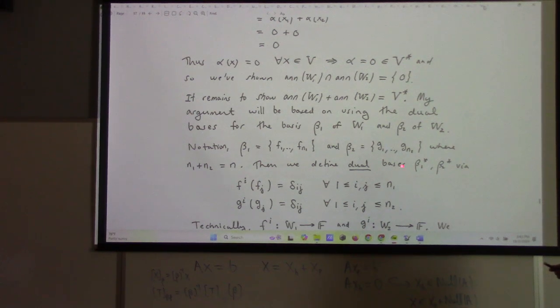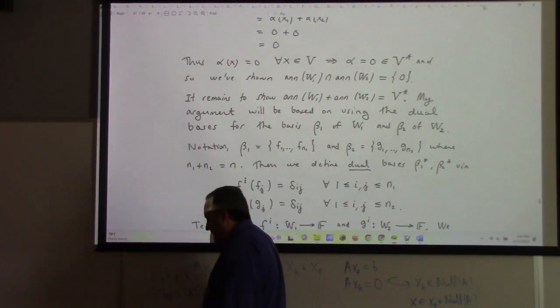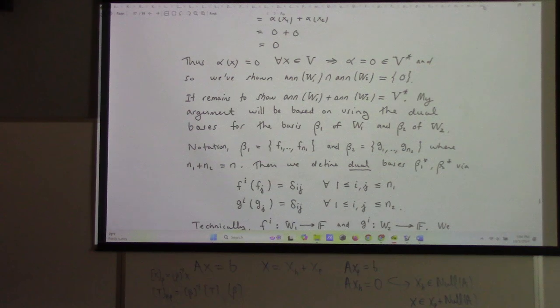And then I define dual bases. These are the bases which give you Kronecker delta ij, where this is from 1 to N1, and this is from 1 to N2. Technically speaking, those are only defined on W1 and W2 respectively, but I'm free to extend them to the entirety of the vector space by saying they're 0 outside where they're non-zero.